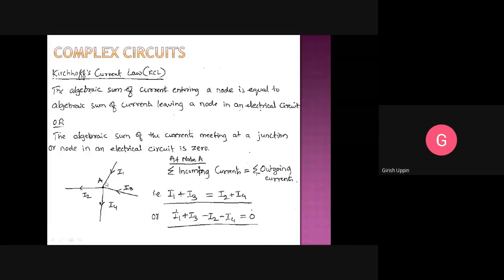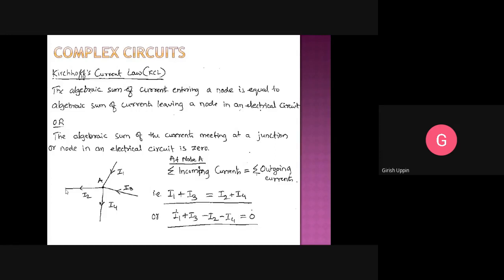In a node, these are the different branches that are connected together. Current will be flowing in those branches, and because it is a direct current, it has a definite direction. Either the current is coming towards the node or it is going away from the node. So that is the direction of the current in each of these branches.